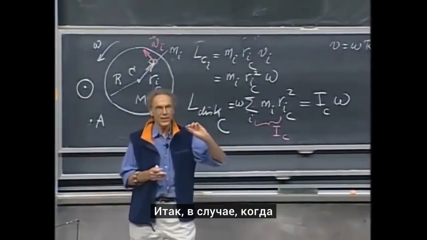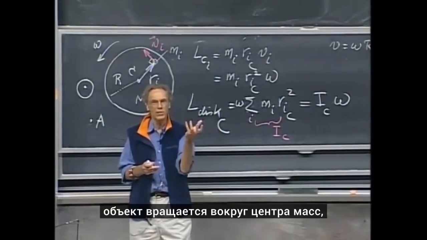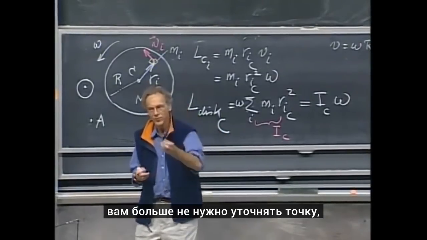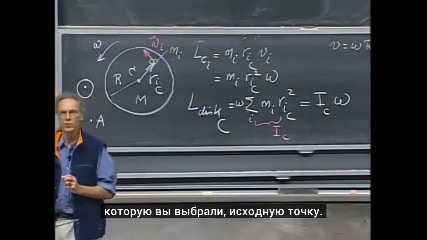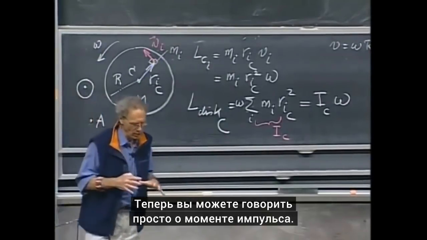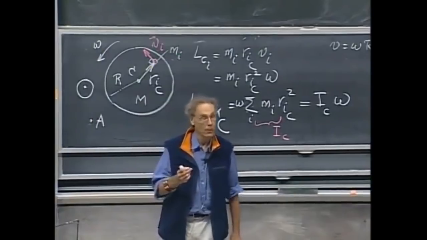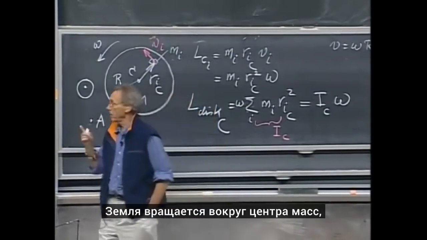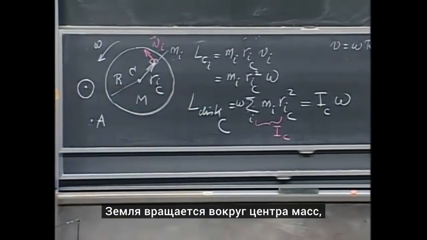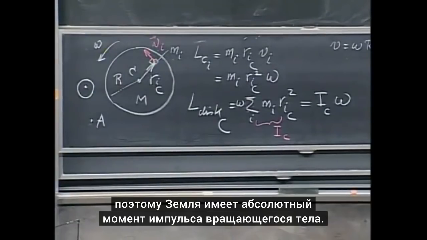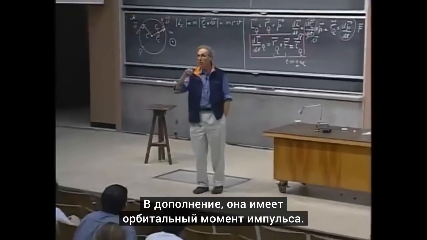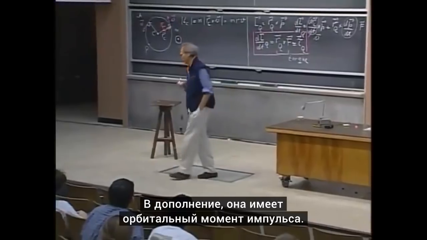So in the case that an object is spinning about its center of mass, you no longer have to specify the point that you have chosen, your point of origin. You can really talk now about the angular momentum. The Earth is spinning about its center of mass. So the Earth has an intrinsic spin angular momentum. In addition, it has an orbital angular momentum.